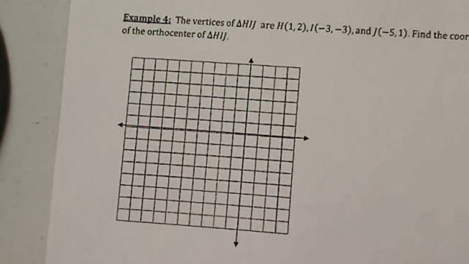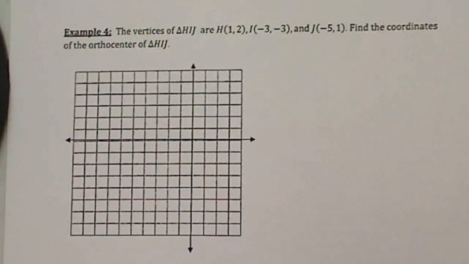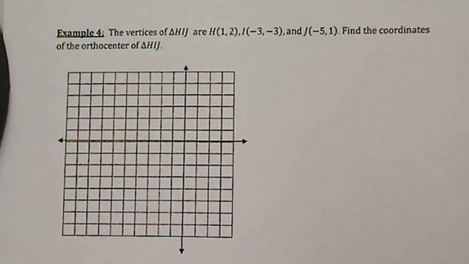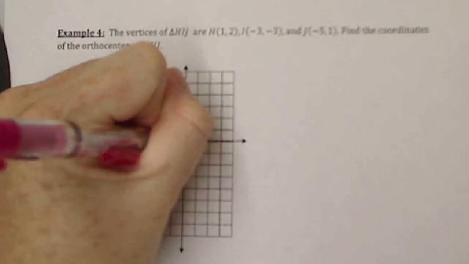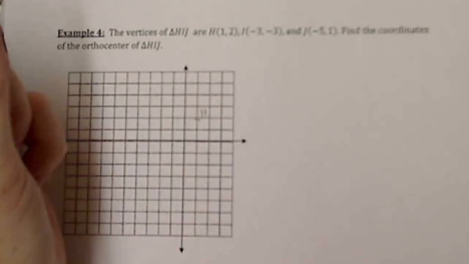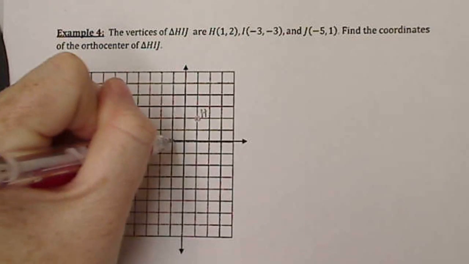Alright, example 4, last one. Yay! Okay, we have some more vertices. We have triangle HIJ. So let's go ahead and plot our points. H at 1, 2. I is at -3, -3.